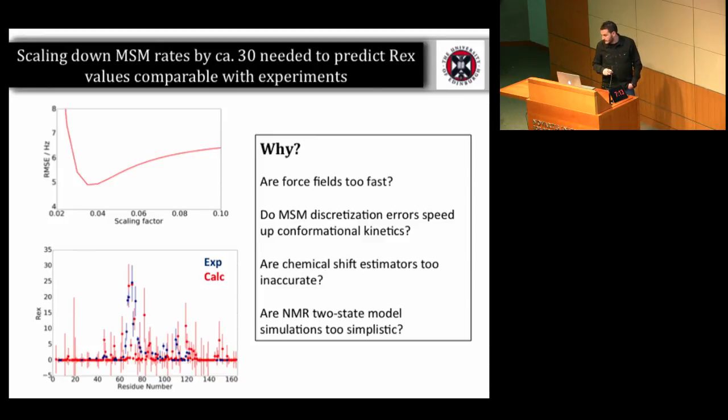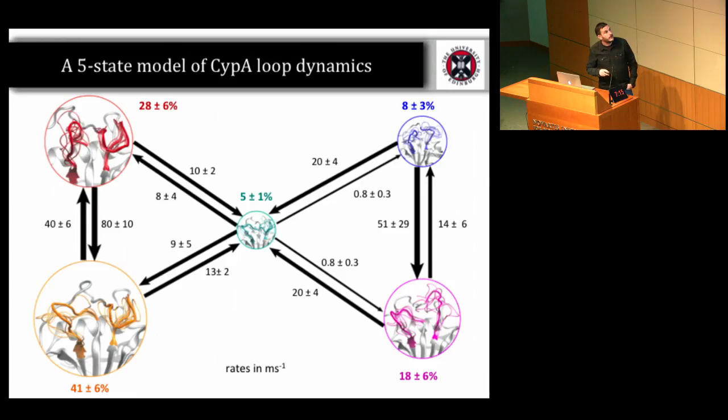So anyway, we had a look at the model with the scaled-down rates, and we could see basically that we were observing two kinds of movements. On one hand, the 100s loop was moving back and forth quite fast towards what we call a closed conformation, where it is collapsed on top of the 70s loop, and this will happen quite fast.